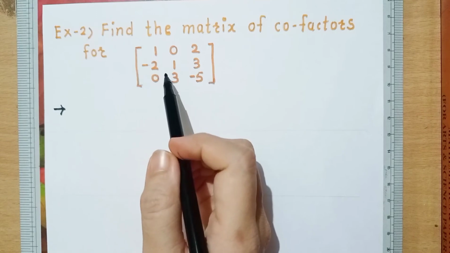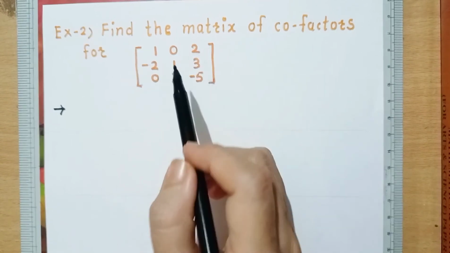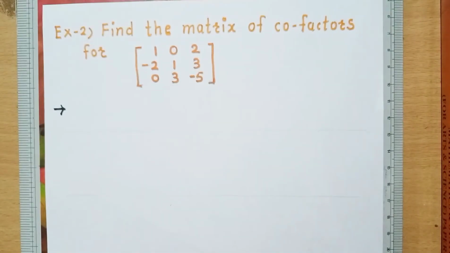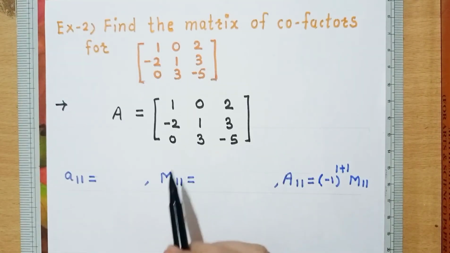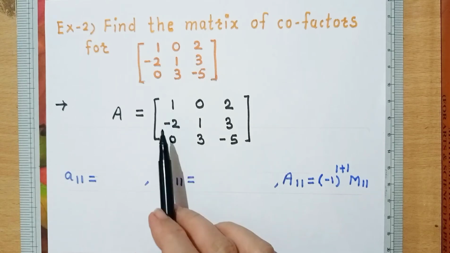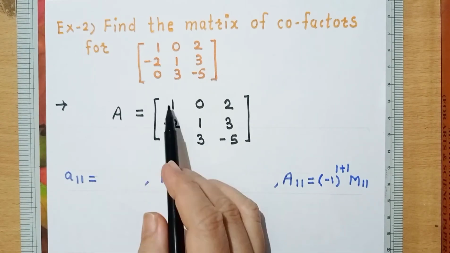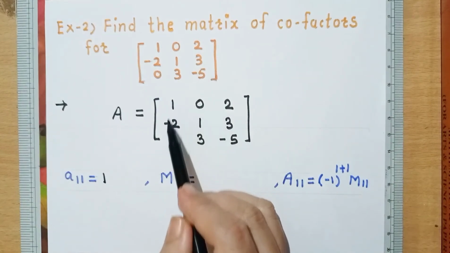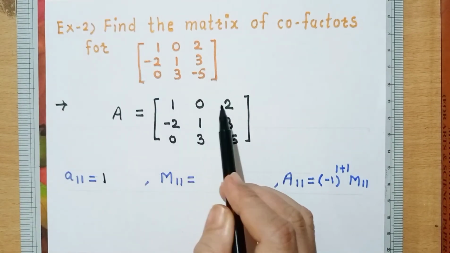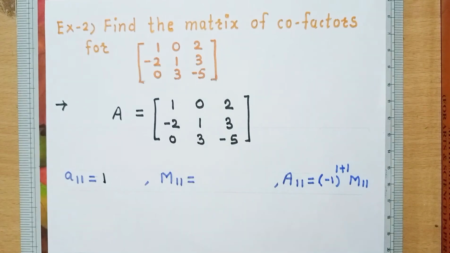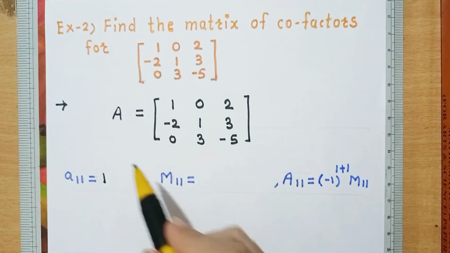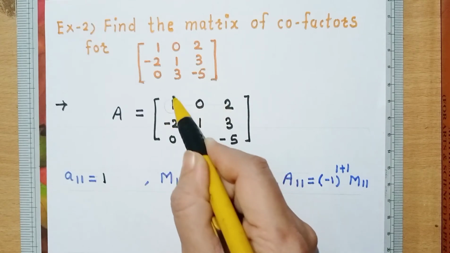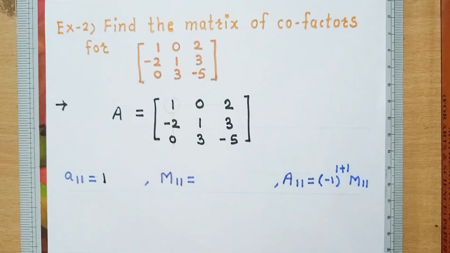Let's solve this example. Find the matrix of cofactors of this. So first assume let A is equal to this matrix. Now find the minor and cofactor of all these elements. Our first element is 1. Now minor of this 1 is obtained by deleting the row and column in which this lies.